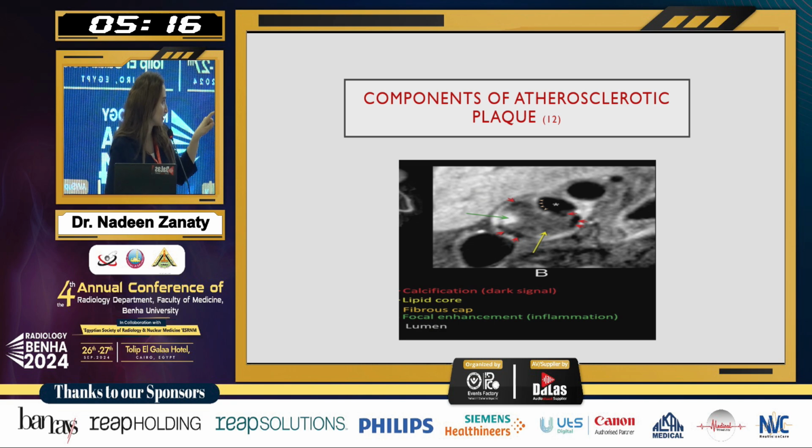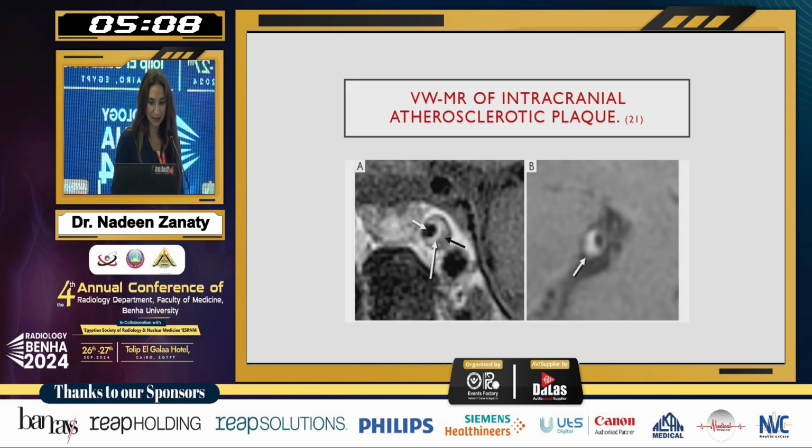The yellow ones are the thin fibrous cap, and the green arrow is the enhancement in the plaque. That's also another one of the axial and coronal images. I'm sorry, those are the coronal images of the vessel wall imaging. As you can see, there is enhancement of the plaque and eccentric involvement.